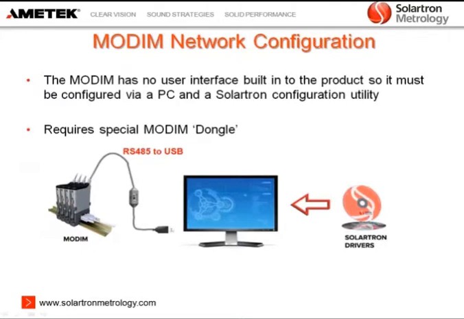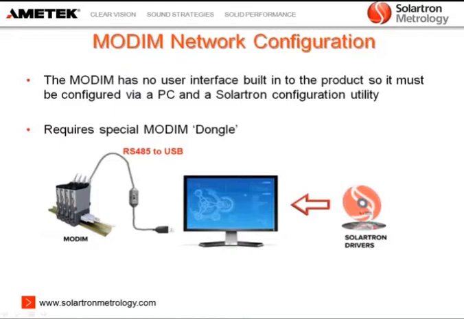So once you have installed the Orbit and the MODIM network, you need to configure the network. And to configure the network, we supply you with a utility called the Gateway Configurator Utility. That allows a computer to talk to the MODIM and the probes to set it up to be able to use it with the PC or a PLC. But for that, to be able to talk to the PC, you need a special cable, which is the RS-485 to USB adapter cable.